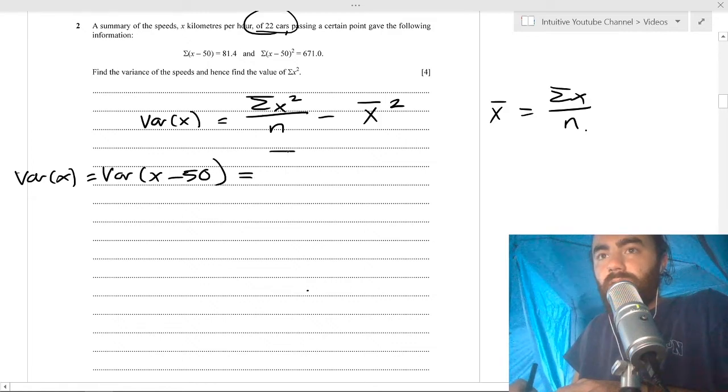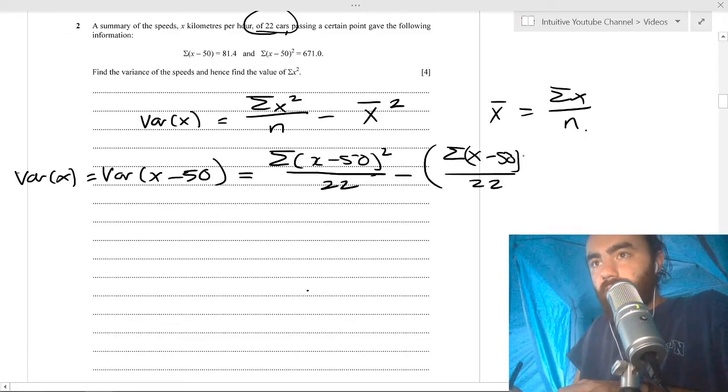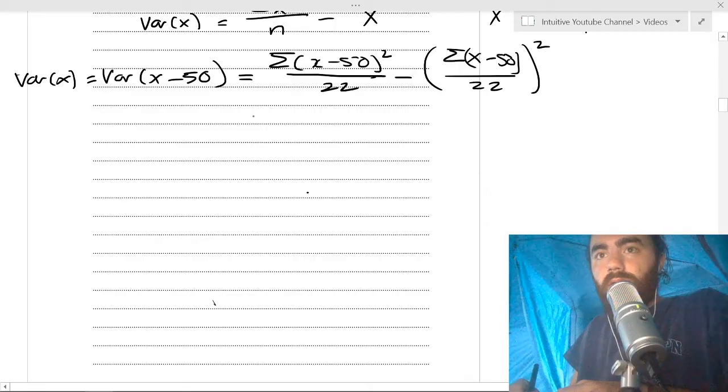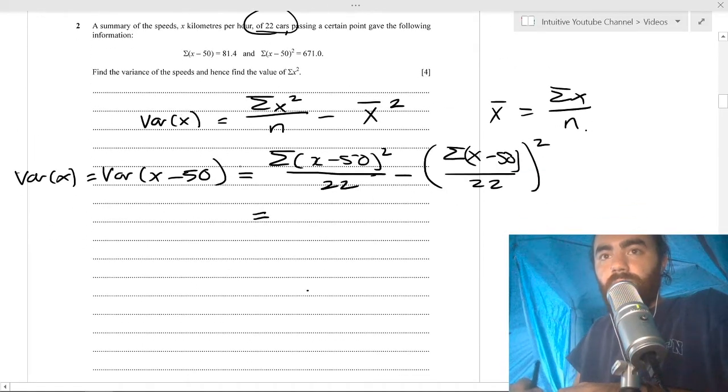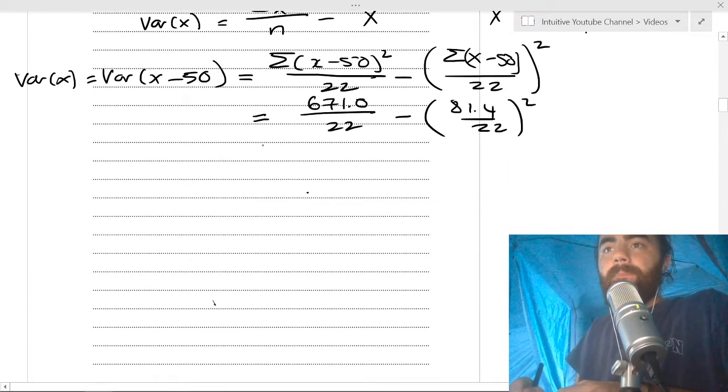So you can say that this equals the sum of x minus 50 squared over n, which is 22, minus the mean, which is the sum of x minus 50 over 22, squared. Then you can substitute these points in, so we get 671.0 over 22 minus 81.4 over 22 squared.